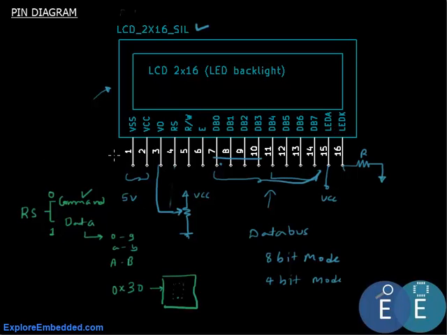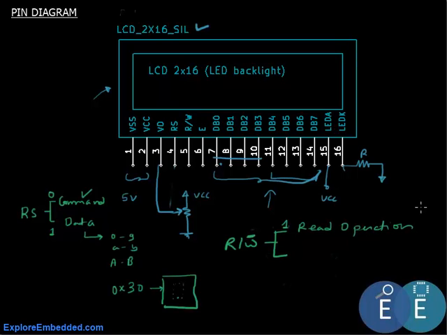Now the next pin is the read write. As the name goes, so let me just write it. This is the read write pin. We can call it read/write bar. So when the read write pin is 1, we do a read operation. With this we can read data from the LCD.